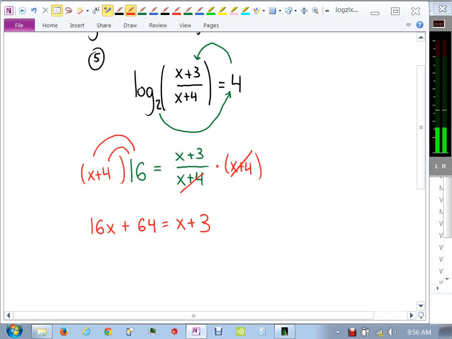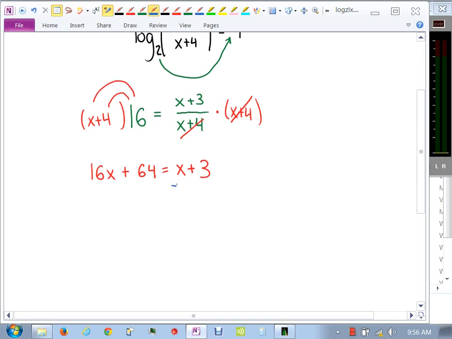So you just get all your x's on one side, all your numbers on the other. So how about subtracting an x from each side? How about getting that 64 out of there by subtracting the 64? We are left with 15x equals negative 61.